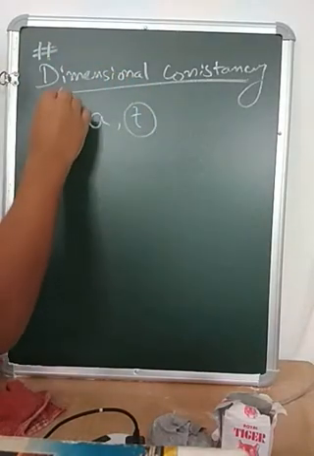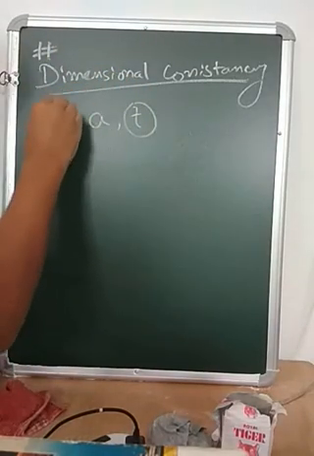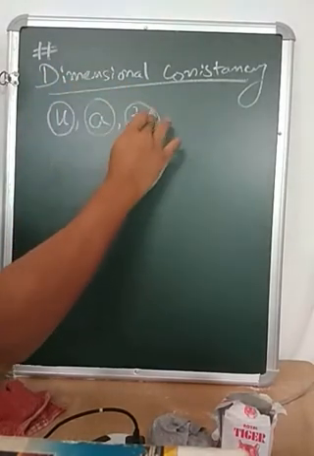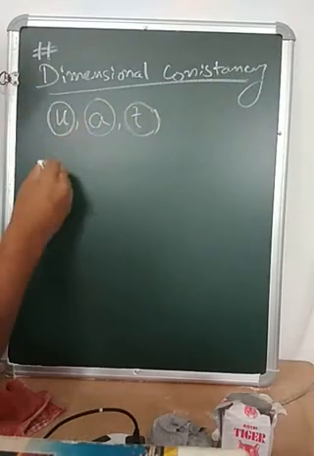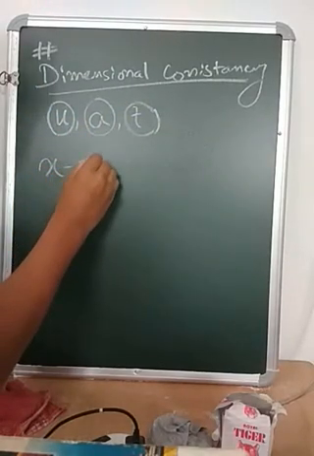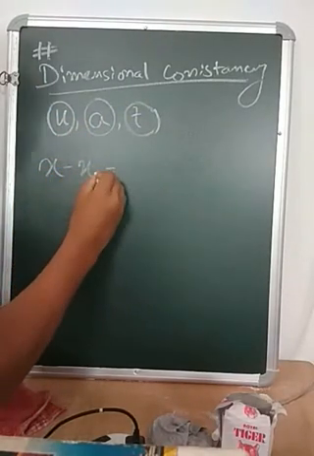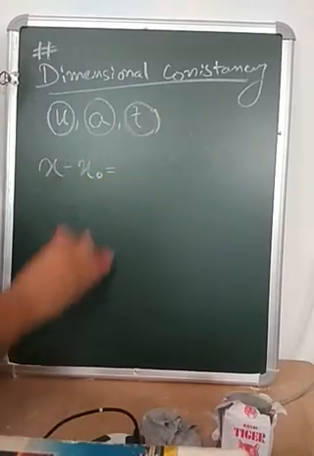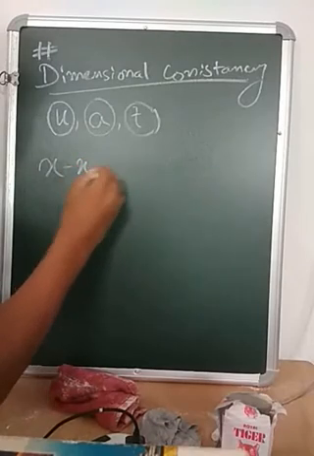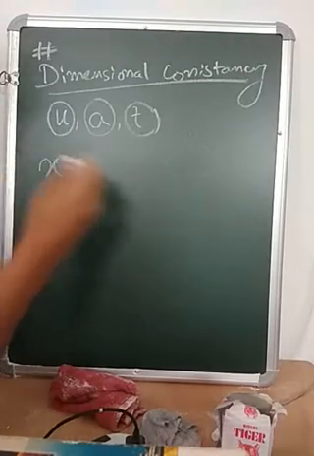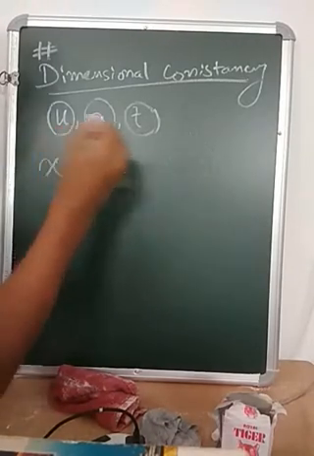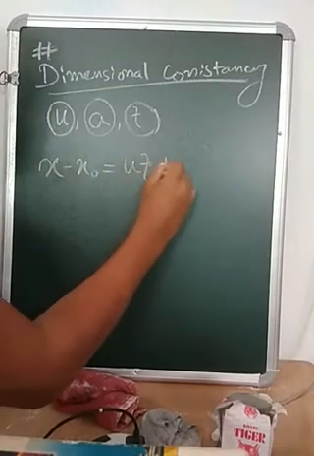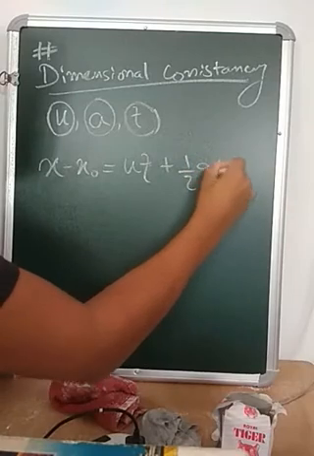The distance covered is x minus x naught, where x naught is the initial position and x is the final position. So distance covered will be ut plus half a t square.